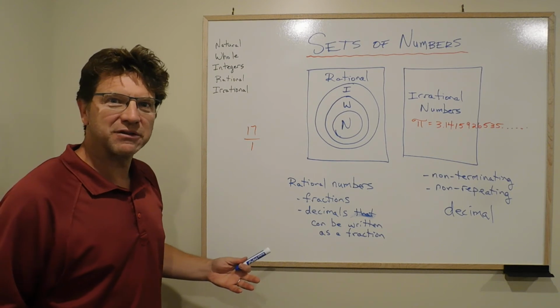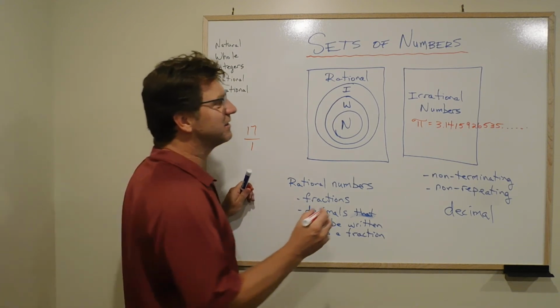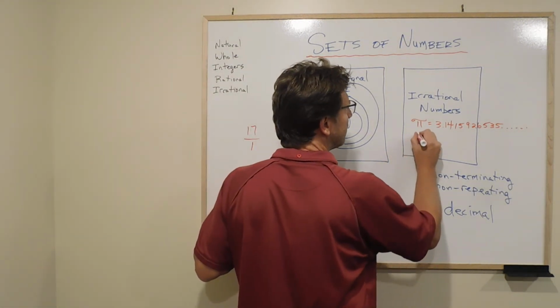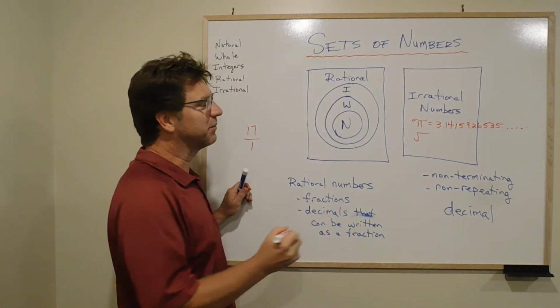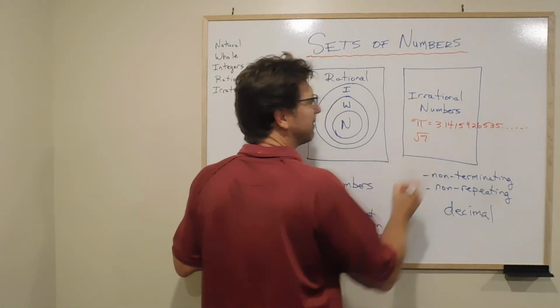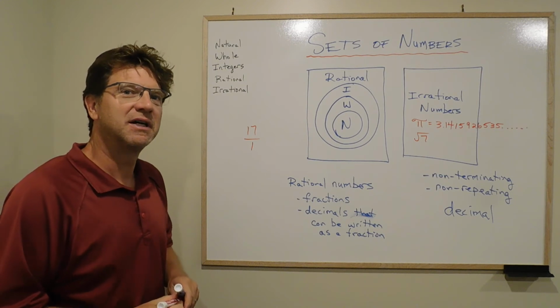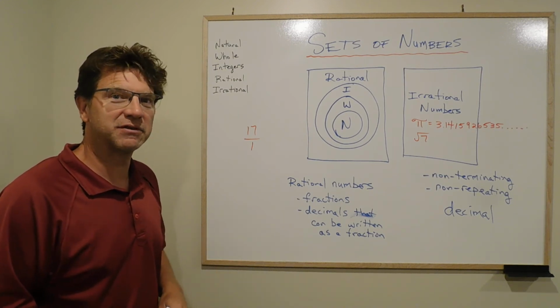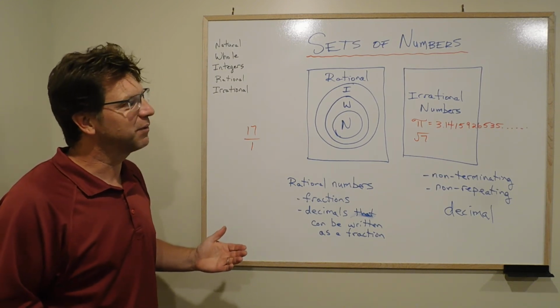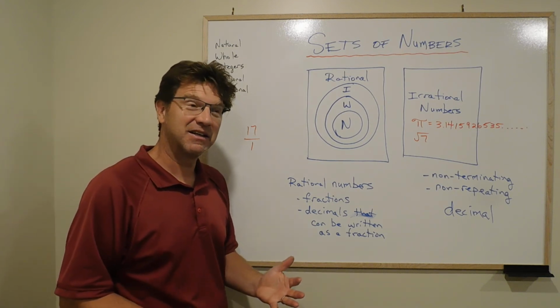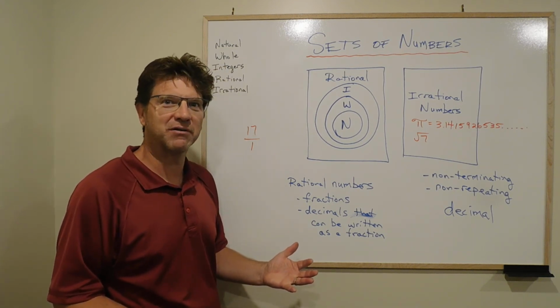What else are irrational numbers? Anything that's a square root that does not make a perfect square. So the square root of 7 would be irrational. Okay? It does not make a perfect square. What makes a perfect square? Well, the square root of 9 is 3, because 3 times 3 is 9.